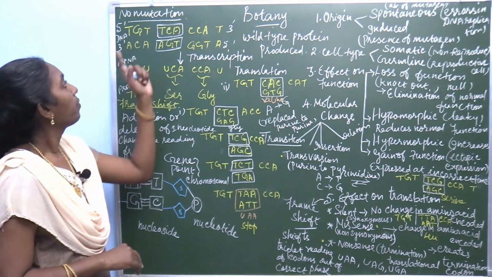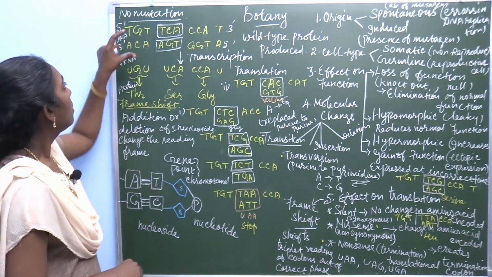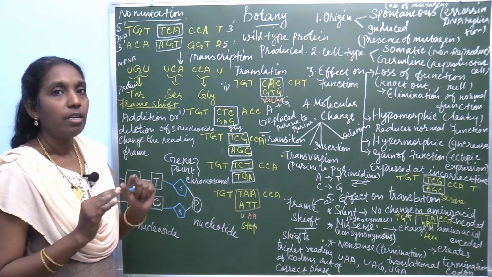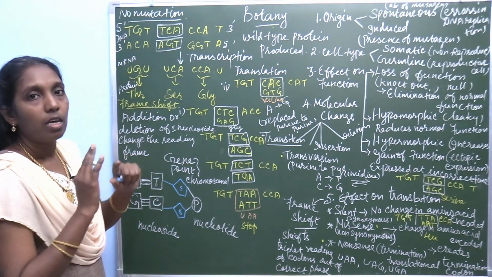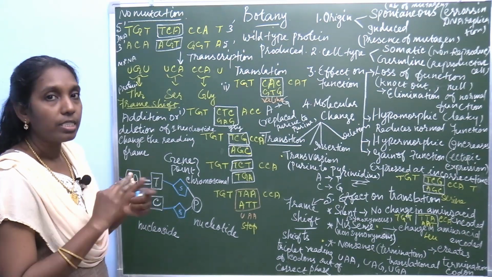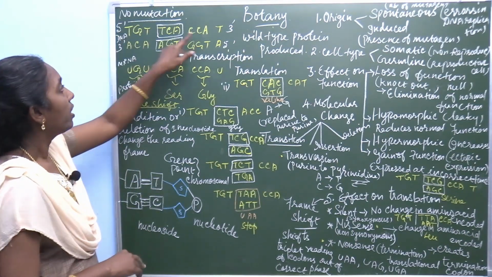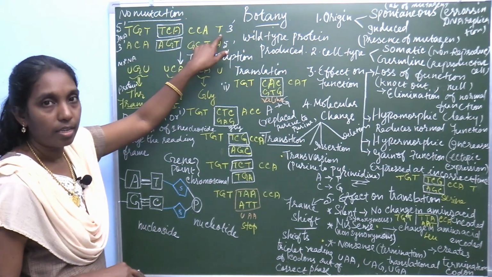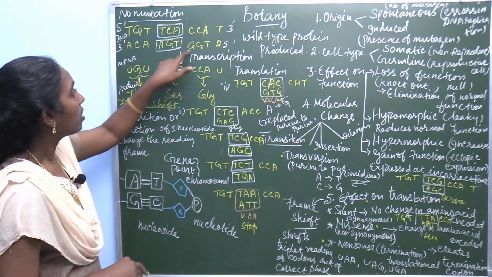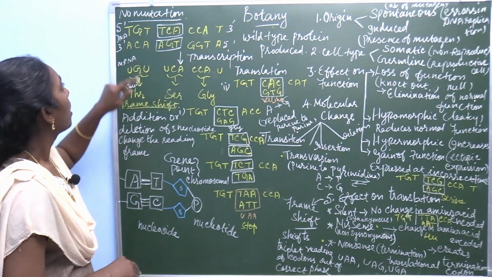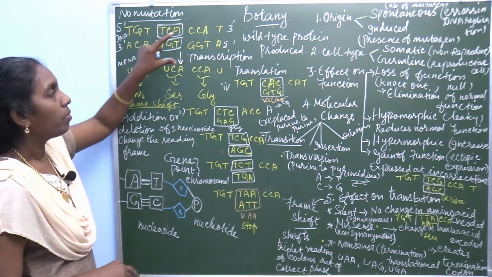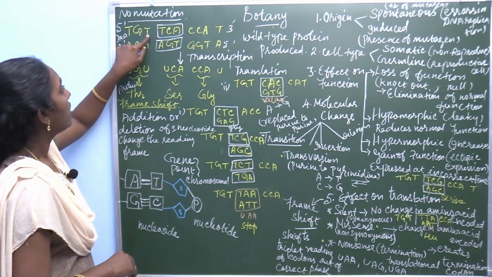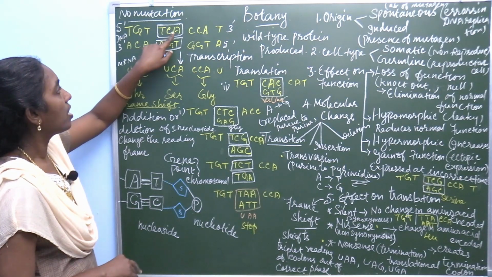Look at this sequence. This is the normal sequence. You know the DNA contains a 5'-3' orientation. This is a sequence, and this is the complementary pair of it. In this sequence, look at this: TGT TCA.